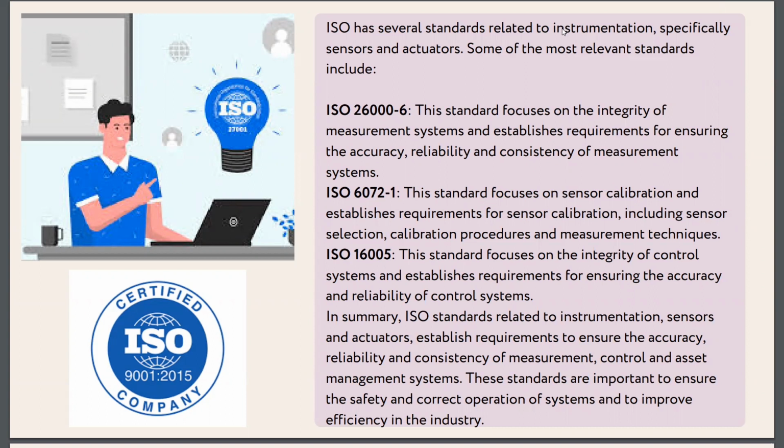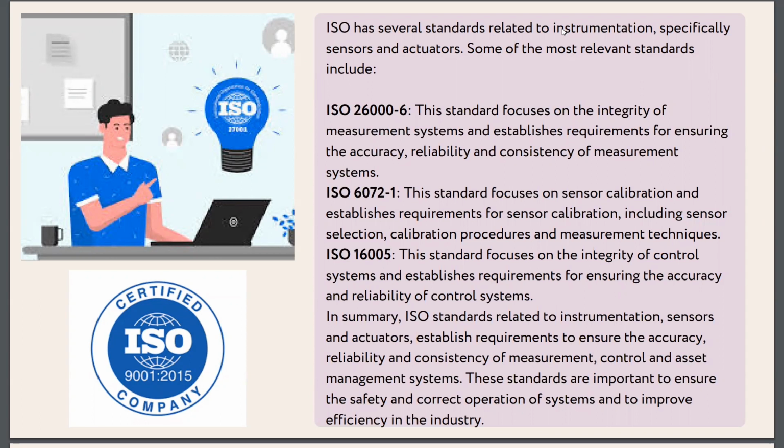ISO has several standards related to instrumentation, specifically sensors and actuators. Some of the most relevant standards include: the first one focuses on the integrity of measurement systems and establishes requirements for ensuring the accuracy, reliability, and consistency of measurement systems.